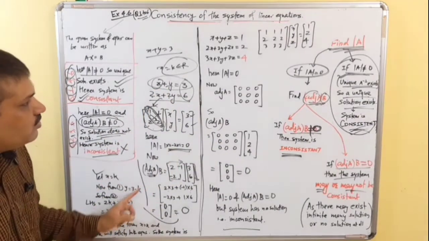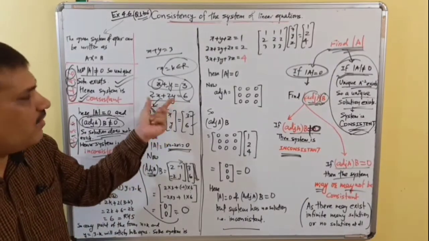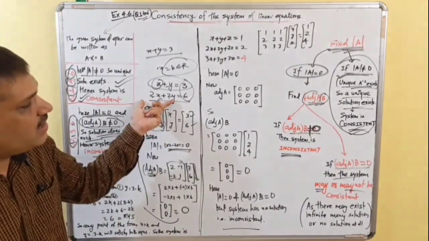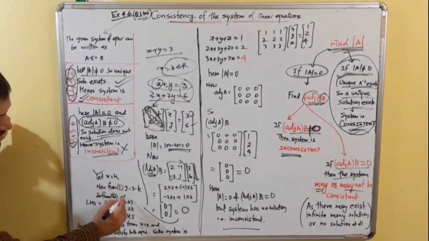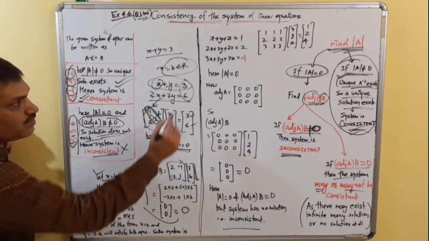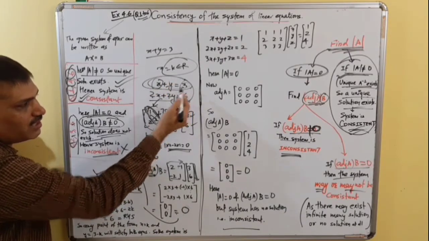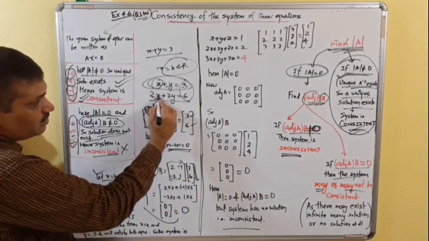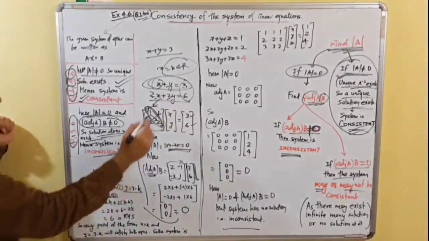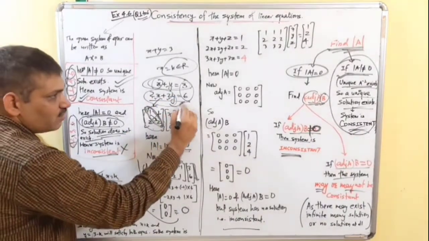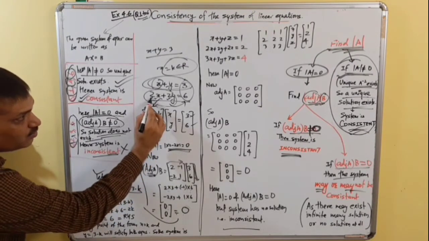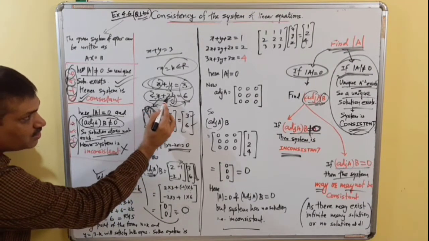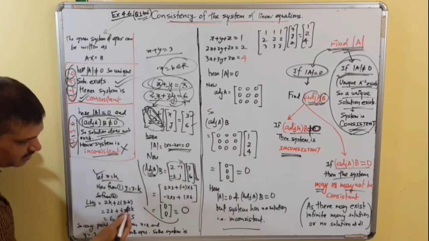If I put y = 3 minus k in the second equation, I find that the left hand side is always equal to the right hand side. If I take x = k, then from equation 1, y = 3 minus k. If I put x = k and y = 3 minus k in this equation, the left hand side is always equal to the right hand side. See how the left hand side becomes 2 into k, x means k, plus 2 into y, means 3 minus k.